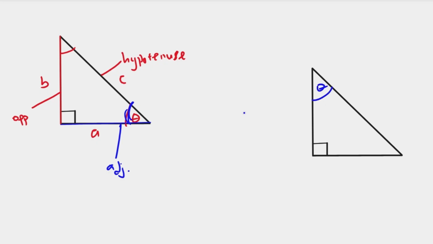At first, it was here, but now it is this angle. Now, when this happens, let's assign the letters to the sides. So this side is going to be A, like we said in the first one. Here is going to be B, and this side is C. So let's see what's going to happen.